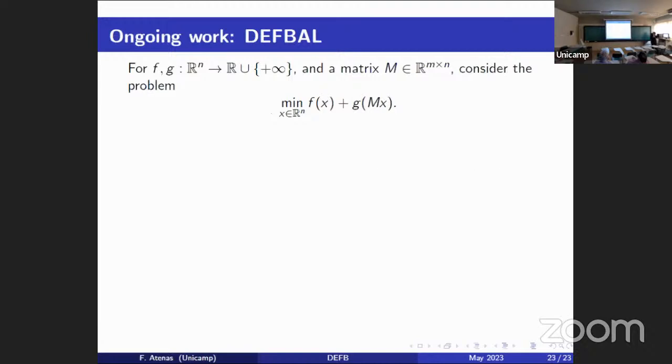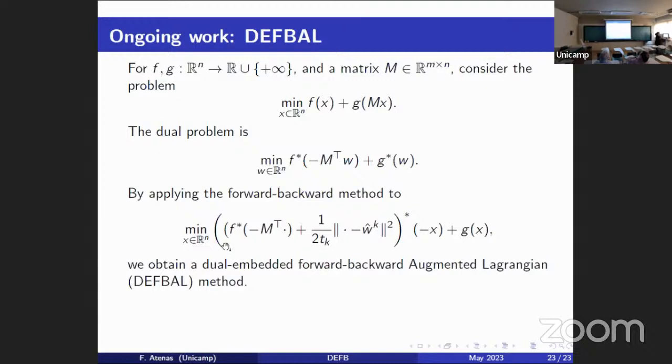And to finish, there's some ongoing work to apply more or less the same ideas to a more general problem: minimize f plus g composed with a matrix M. So it is a somewhat general formulation for complex problems. What we do here is use the dual problem, and then apply the forward-backward method in a similar way to what I explained before.